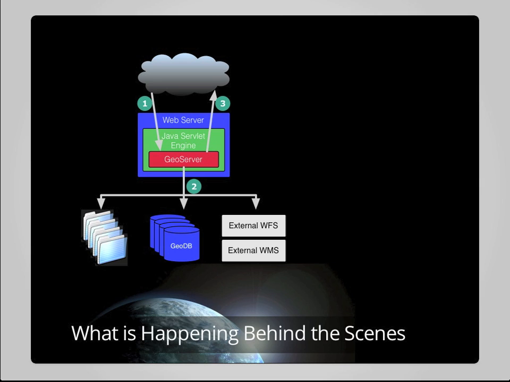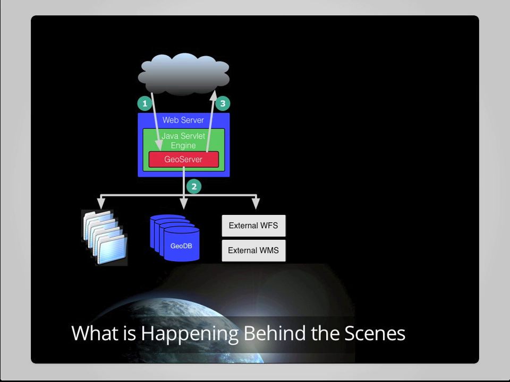This diagram illustrates that process, where you can envision the incoming arrow with a 1 next to it coming from the internet that represents a particular mapping request or data request. That request first is acquired by the web server, which then passes it through the Java servlet engine within which GeoServer is running. And that servlet engine then routes the request to GeoServer itself.